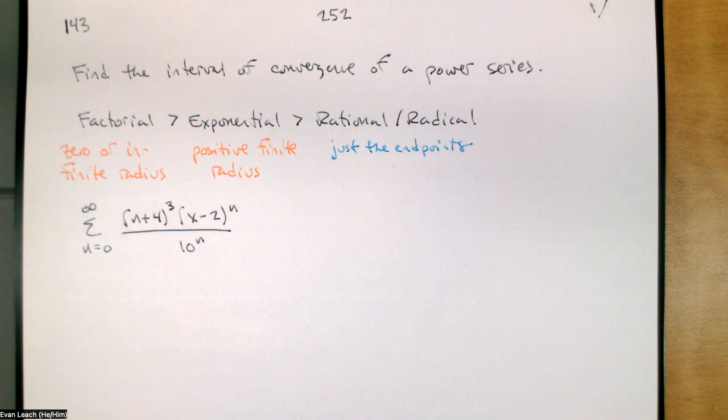So this is just how we read what's going on here. The n plus 4 cubed, that's rational. It's telling us that the endpoints are not included in our interval of convergence.